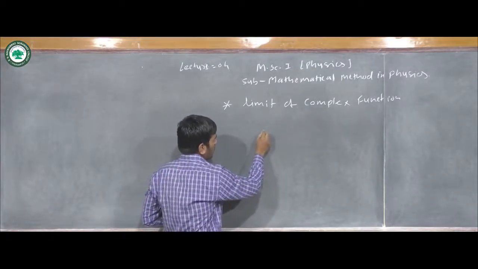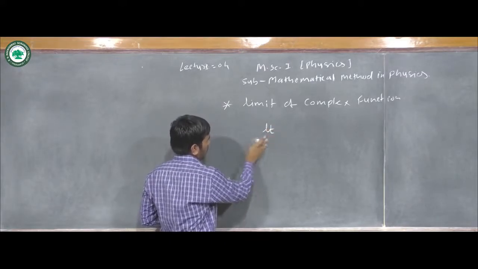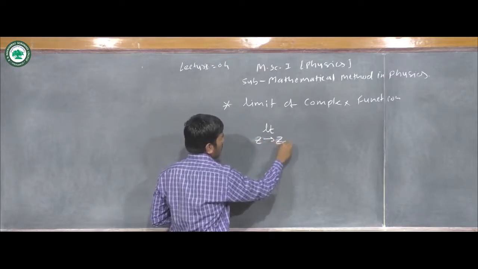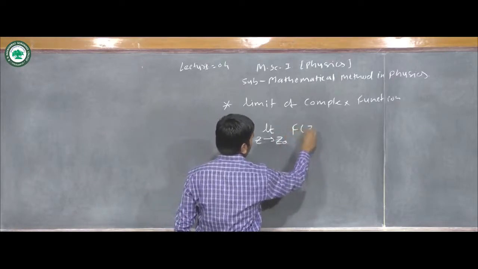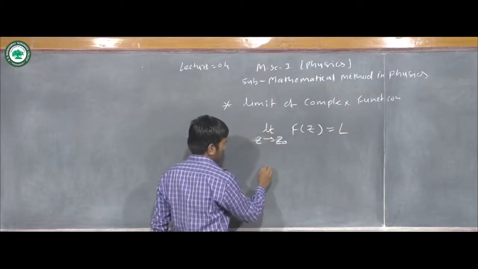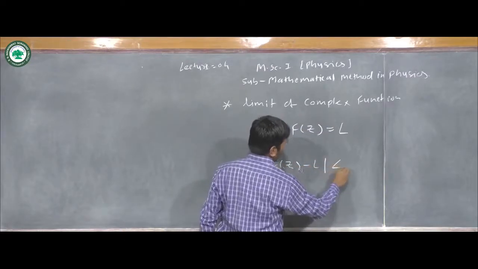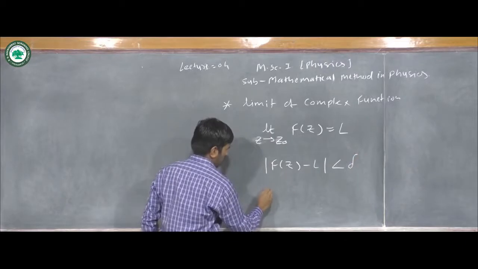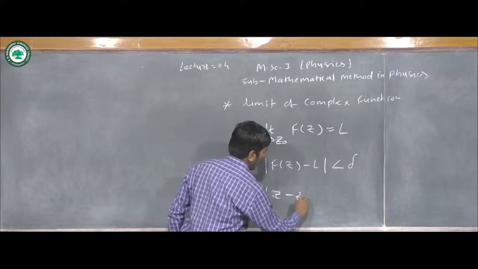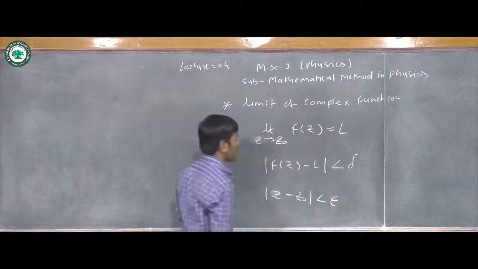If I write the definition, it is the limit as z tends to z naught of f of z is equal to L, with mod f of z minus L less than epsilon and mod z minus z naught less than delta.